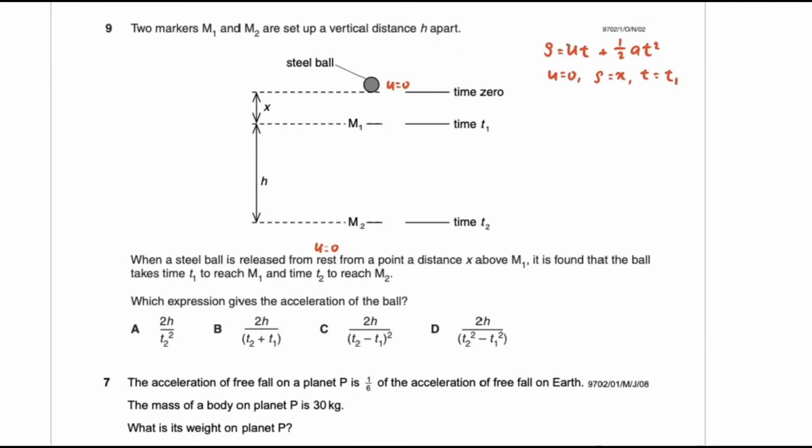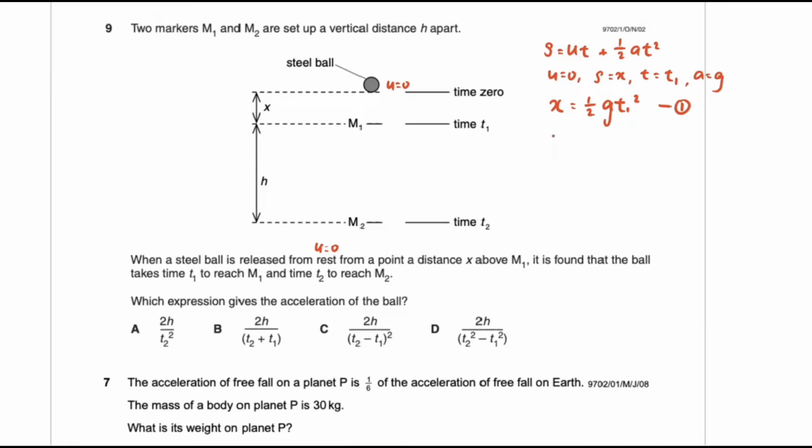So we substitute the displacement with x, and u with 0, and the whole term disappears. Half a, where a will be g, of course. So we let a equal to g, followed by t1 squared. So we get this, and I call it equation 1.